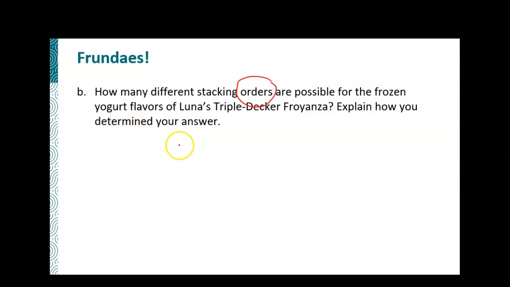So for the first scoop, she has 3 options to pick from, right? But we learned this the other day. For the second scoop, there's no longer 3 options. Now there's how many? 2. And then for the last scoop, there should only be 1 option left. So this is when we decrease by 1. So then how many different possible stacking orders can we have? 6.